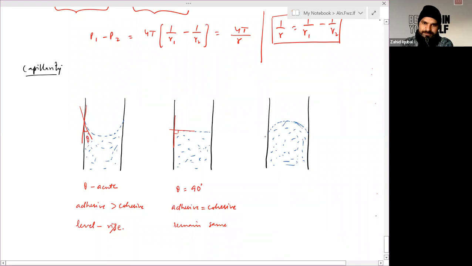In third part, tangential along this direction, tangential along this direction. So angle between these two parts, theta, in this case will be obtuse. So cohesive force will be stronger as compared to adhesive.